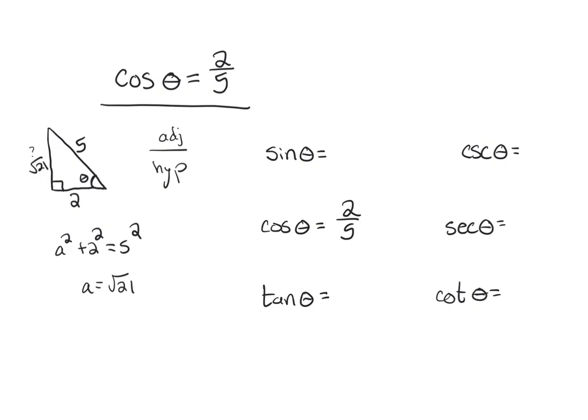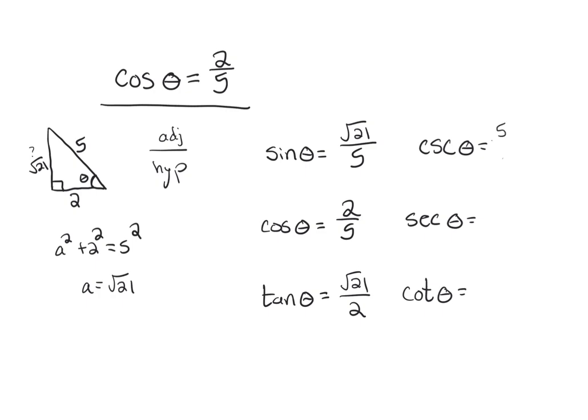Once you have all 3 sides of your triangle, you can write all of your ratios. So sine will be opposite, square root of 21 over 5. And then tangent, square root of 21 over 2. And then for the reciprocal functions, we just need to flip our fraction.